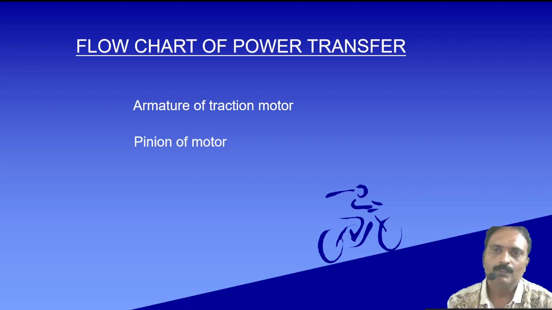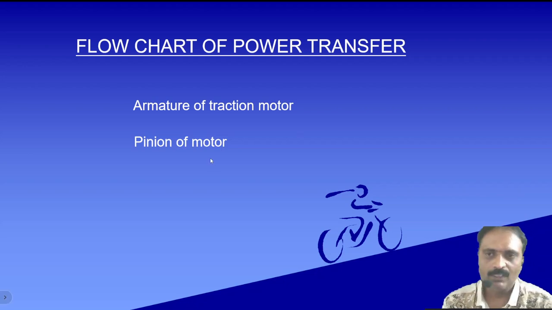Now that's about the tractive effort which is to be considered for traction applications. Now let us consider the mechanics of power transfer, meaning how the mechanical power is generated and how it is transmitted from the traction motors to the driving wheels. There are certain parts that we have to consider in order to have this mechanical transmission of power from the generating part to the transmission part.